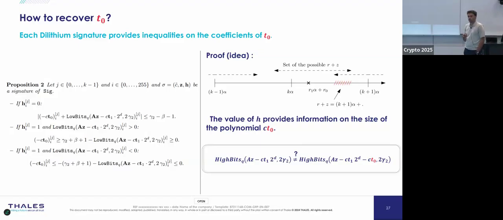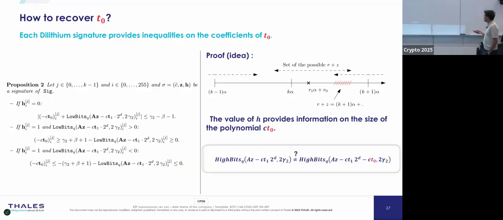When Bob receives the hint vector, suppose that Bob knows that a coefficient of the hint vector is 0. This means that the value he can recompute, the high bits of Az minus ct1 2^d, were the same as the value that he cannot compute, the complete high bits of Az minus ct.